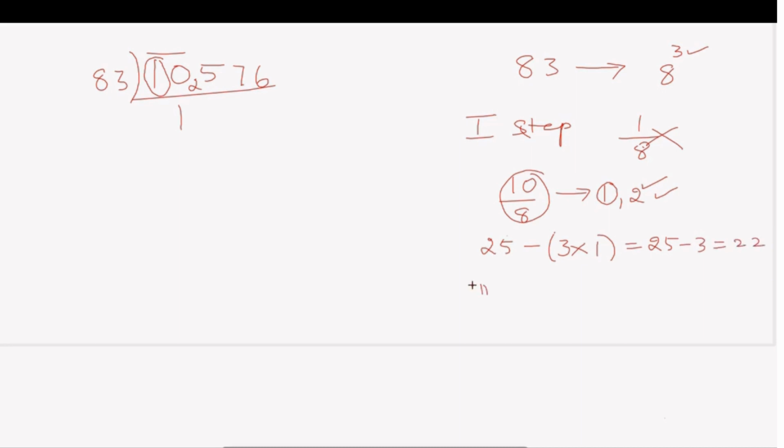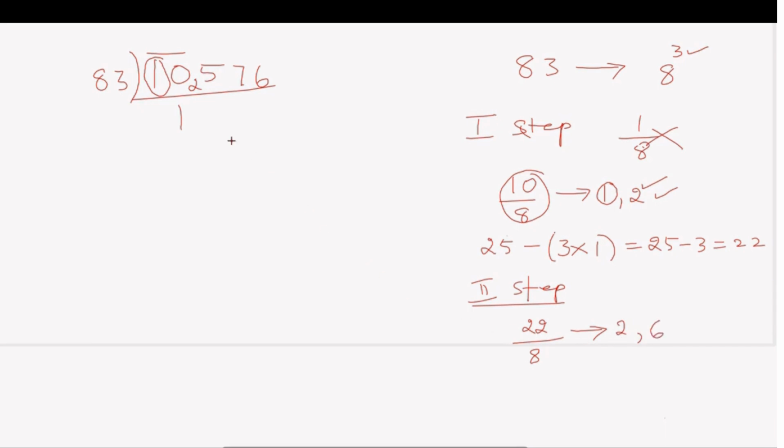In the second step, take 22 and divide by the base 8 of the exponential form. Here too, we notice that 22 is not exactly divisible by 8, but we do get a product nearest to 22, that is 16, when you multiply 8 with 2. So here 2 becomes the quotient and 6 is the remainder.